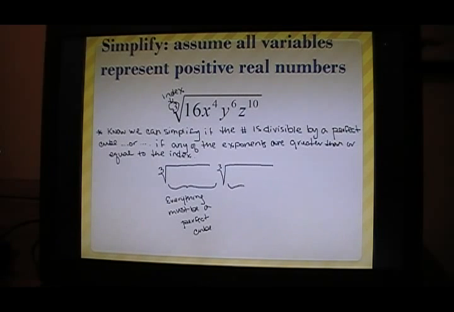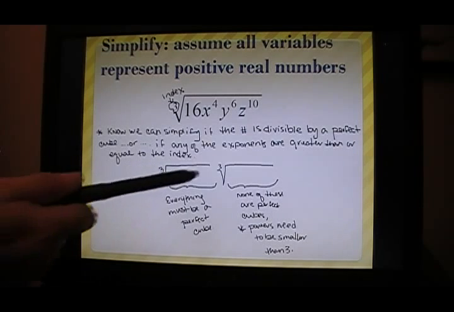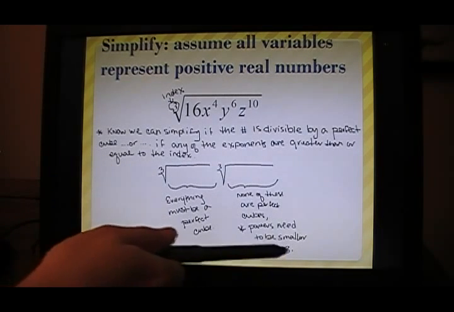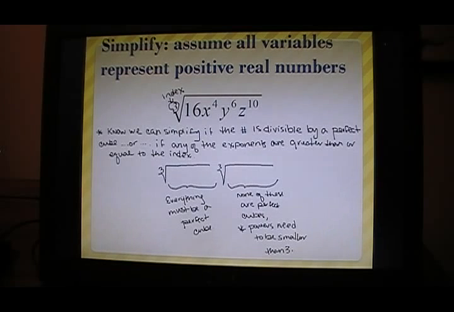Also, it will have to be that none of these are perfect cubes. And also, I guess maybe a fourth condition, our powers need to be smaller than 3. Okay, whatever the index is. So if this was a 4, then our powers would have to be smaller than 4, etc., etc.